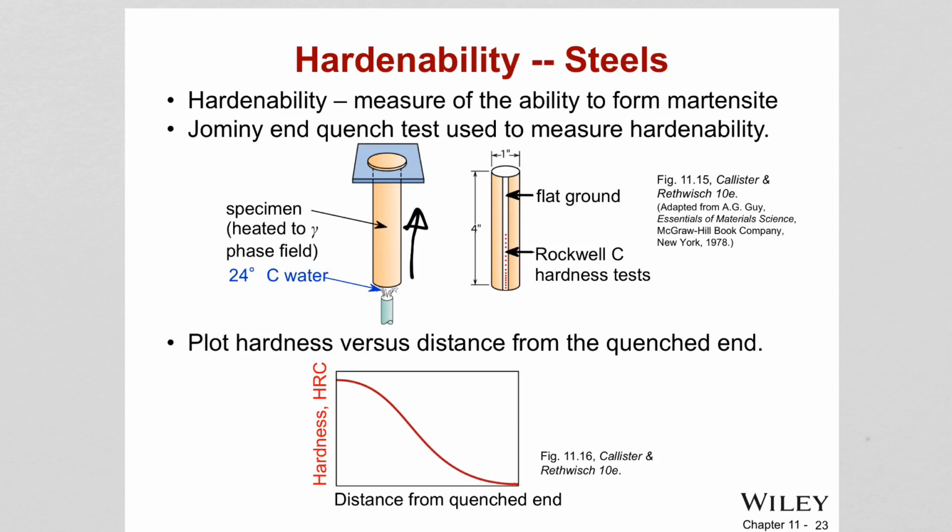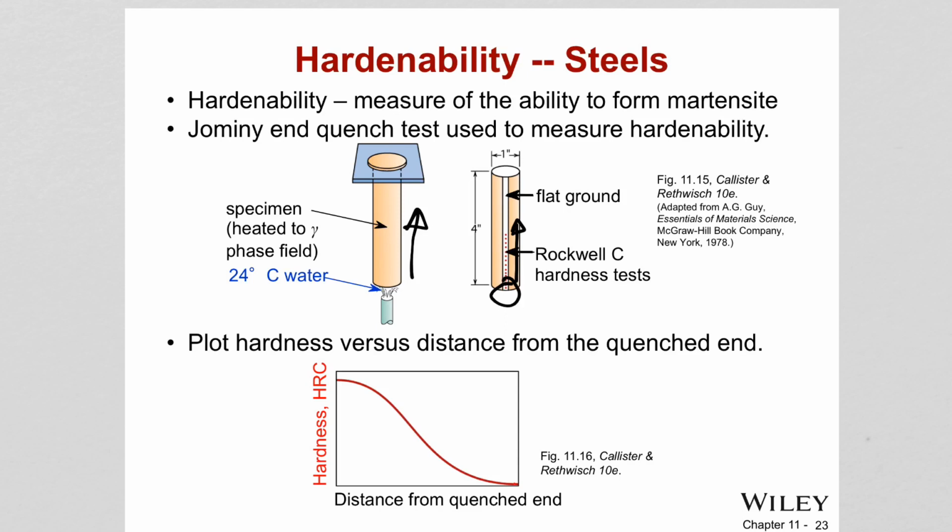Softer pearlite structure is observed away from that tip that is being quenched, and there might be some mixtures of martensite and bainite. And after that, a hardness test is done to measure the hardness starting from that region and along the length of the part, which will give an idea about the hardenability of the material.